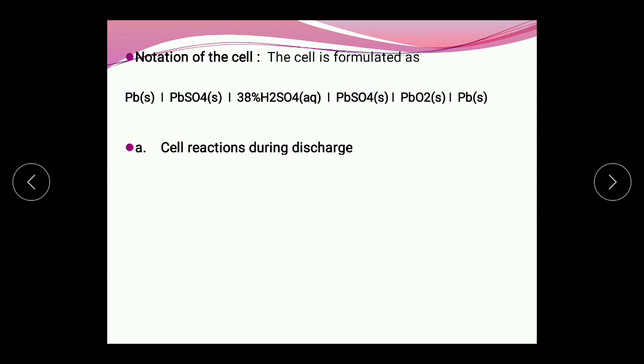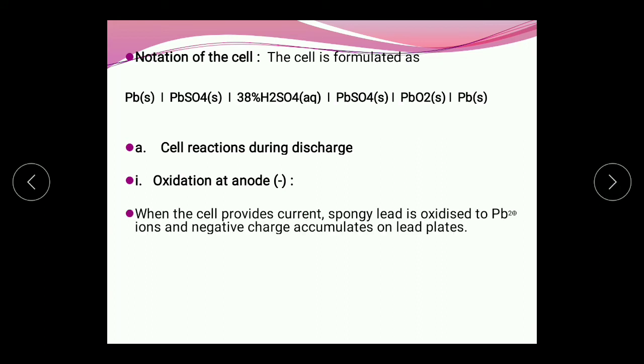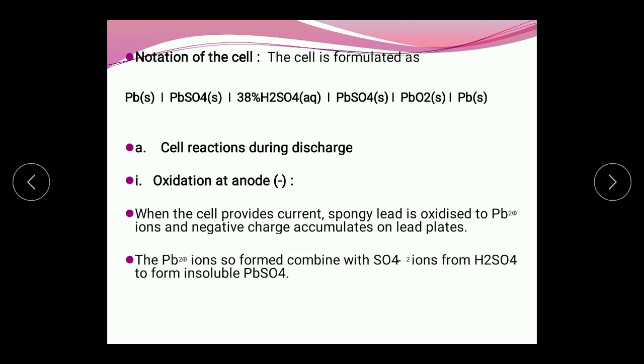So, when the cell provides current, spongy lead is oxidized to Pb plus 2 ions and negative charge accumulates on lead plates. That means Pb gets converted into Pb plus 2 with the removal of 2 electrons.